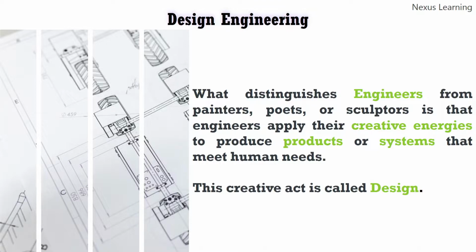And this creative act is called design. So the basic fundamental is the human need that is being developed, that is being brought to life. And the whole process of doing that is called design.